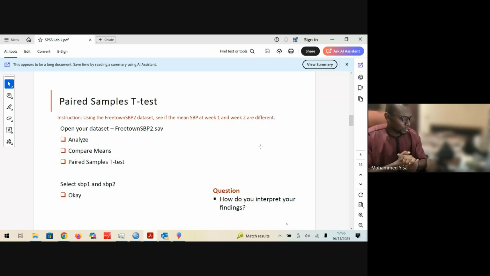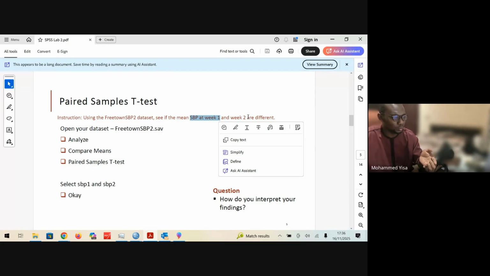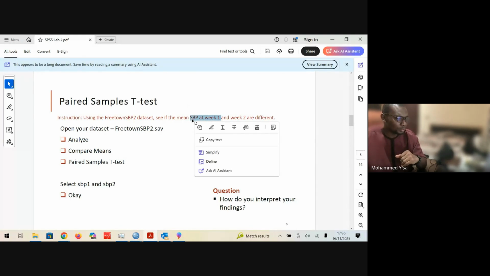Okay, so I'm going to the paired sample t-tests. In paired samples, you use this to examine the difference between paired observations, like in this case, the systolic blood pressure at week 1 and week 2. So it means that you have measured the systolic blood pressure for the same set of people, and then you are comparing the mean systolic blood pressure at week 1 versus the mean systolic blood pressure at week 2.